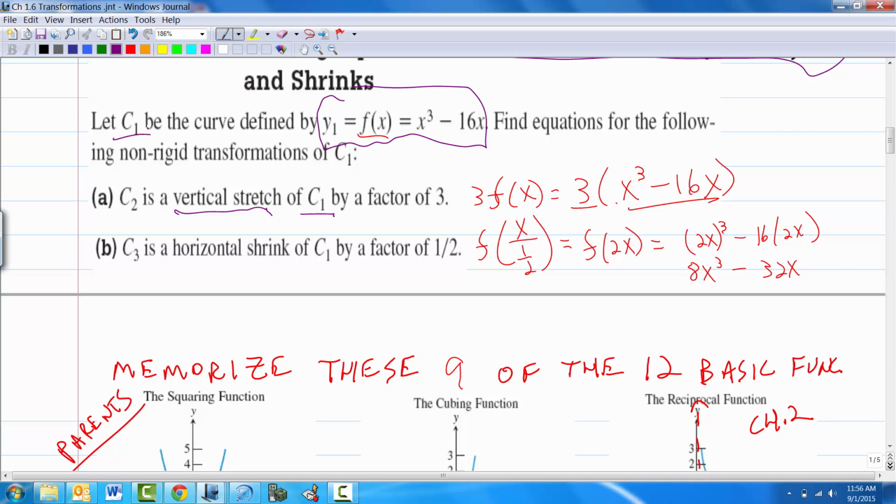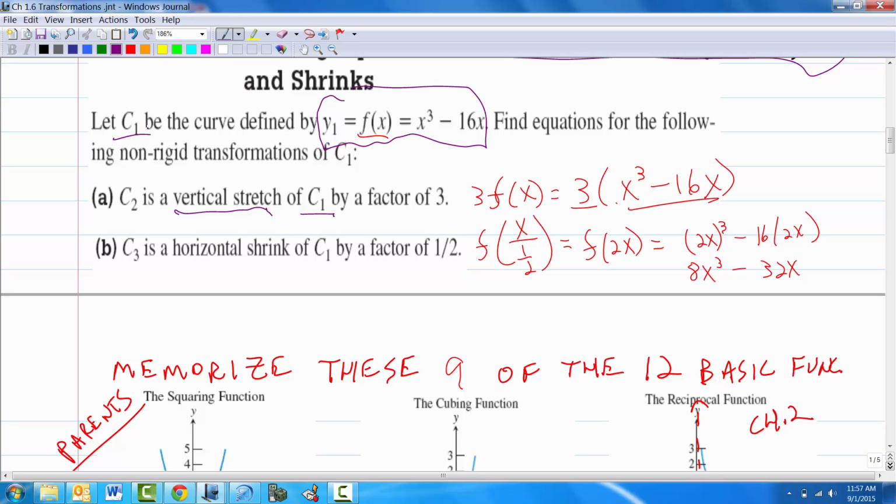They just want to be cryptic, like, let's try to confuse the kids as much as possible. All right, but anyway. A vertical stretch by a factor of 3 means multiplying by 3 on the outside of the function, which actually means 3 times x cubed minus 16x, and then you could distribute. There's your vertical stretch.